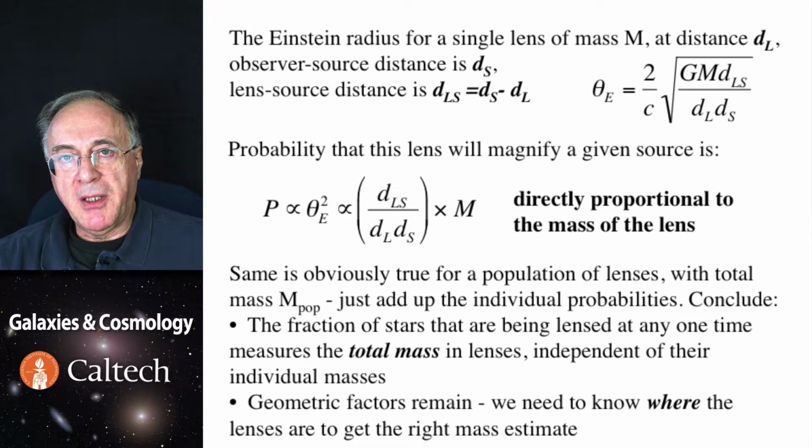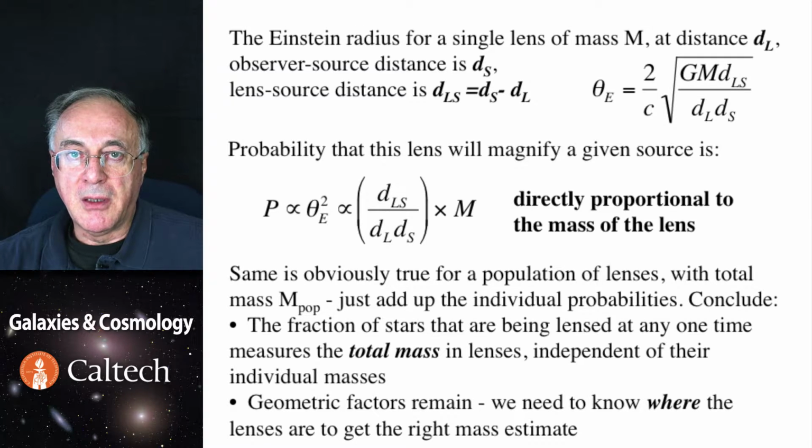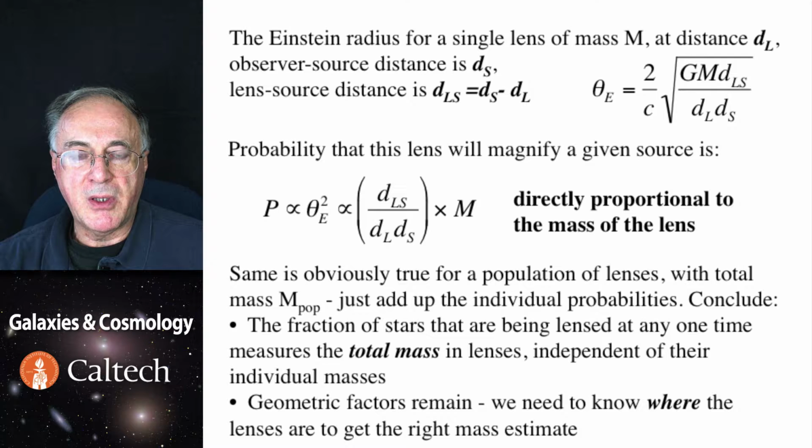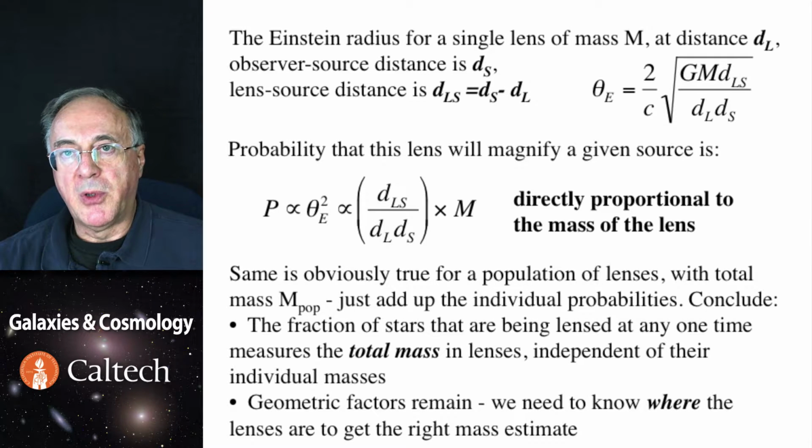Recall that the Einstein radius essentially defines the cross-section for strong lensing. And in this case, it'll be the critical impact parameter for a lens passing along the line, or close to the line of sight. Because the mass of the lens enters under a square root in the Einstein radius, and the area of the cross-section is the square of that, it will be directly proportional to the mass of the lens.